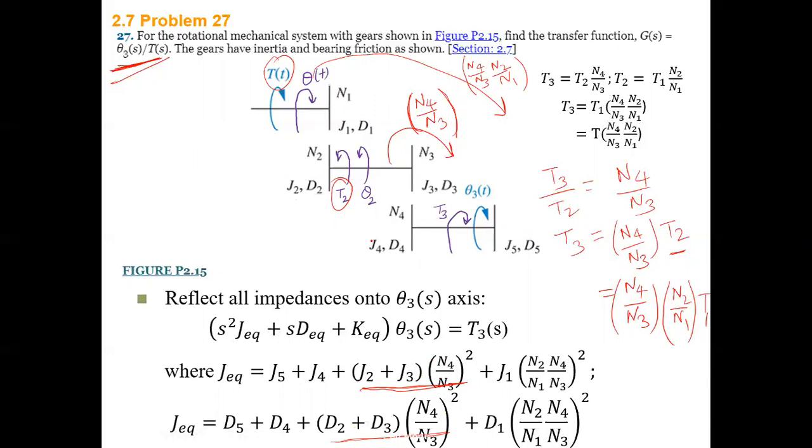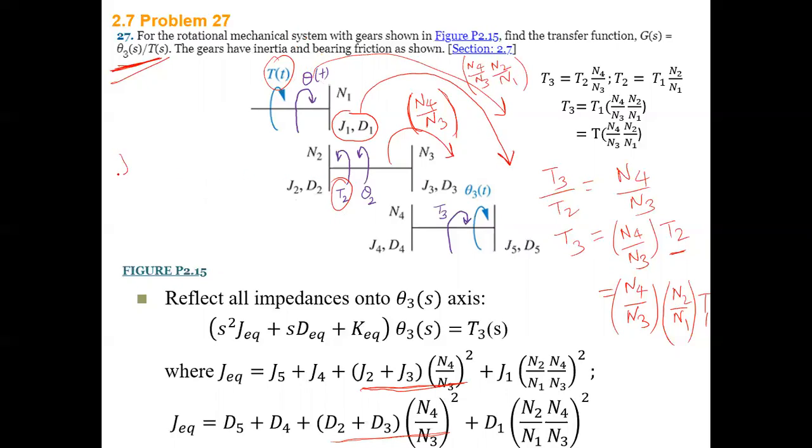In the same way, now give me the answer here. If I go from here to here, so J1, D1, I'm going to take J1, D1 all the way to here.